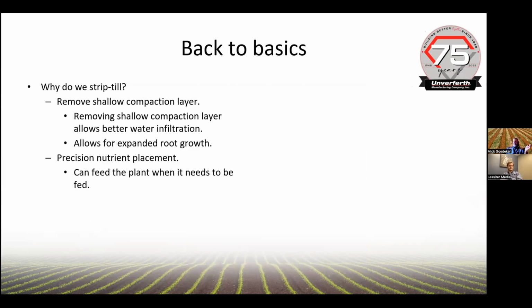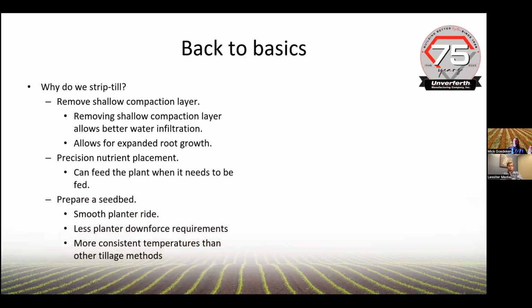Precision nutrient placement: if we can feed that plant where those roots are going to hit and we know we're going to utilize it, we can be more efficient with our nutrient use efficiencies. We can prepare a seed bed that gives us a smoother ride, less planter downforce requirements, more consistent temperatures, and better, more consistent emergence throughout. So those are the things that I consider strip till basics.